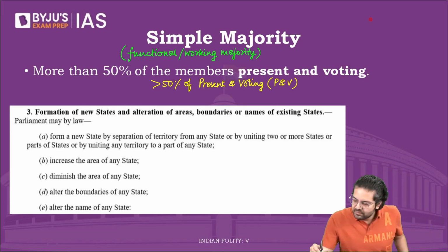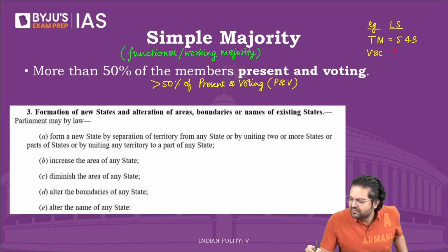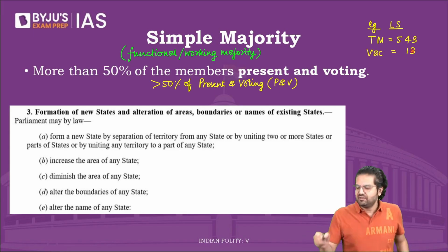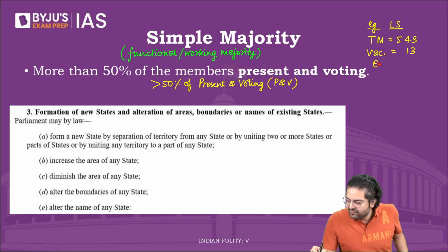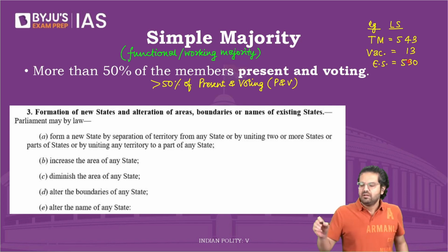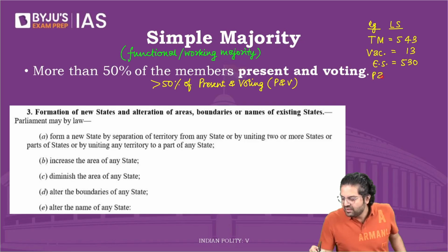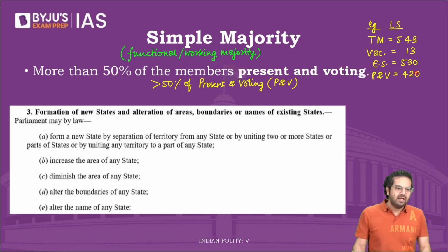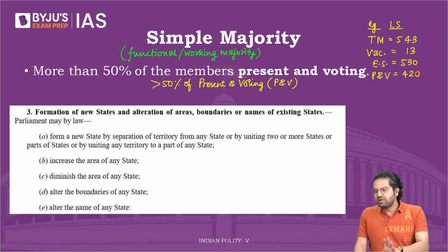So take the example of any house. Let's say Lok Sabha. Lok Sabha, total membership 543. Let's assume 13 vacancies. We don't care about vacancy. Effective strength will become how much? Total membership minus vacancy, effective strength. But we don't care. We only care about this, present and voting. If 420 people are present on that day and voting, please tell me what is the number of people required to accept the proposal?